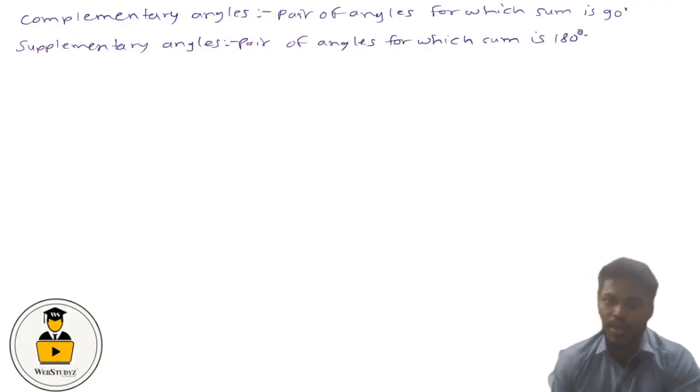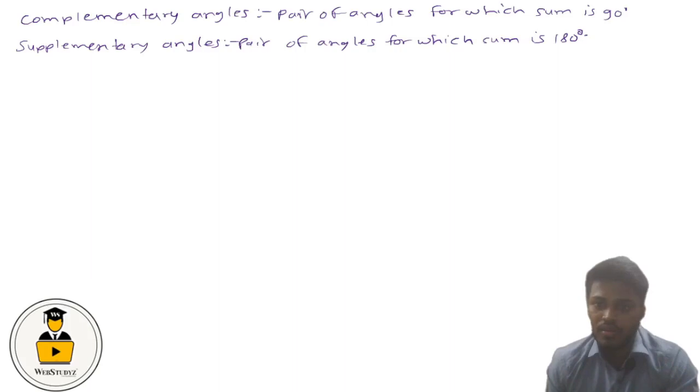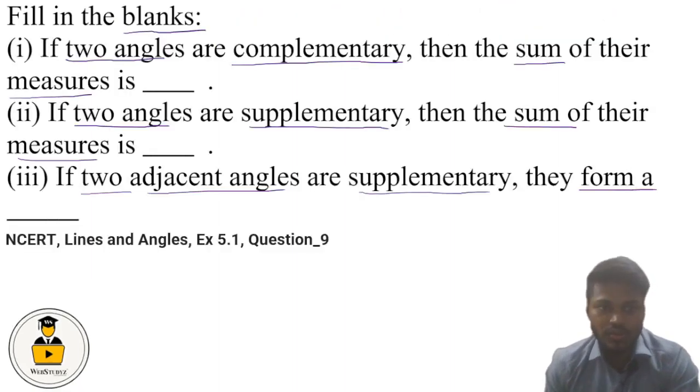So for complementary angles, the sum of two angles is equal to 90 degrees, and for supplementary angles, the sum is 180 degrees. So the first question says that if two angles are complementary, then their sum measure is dash.